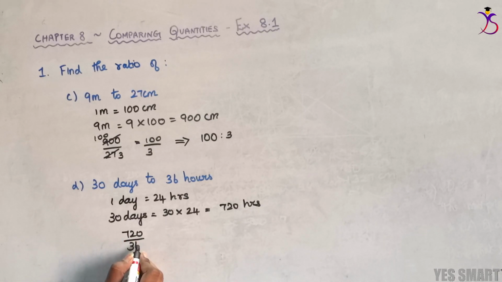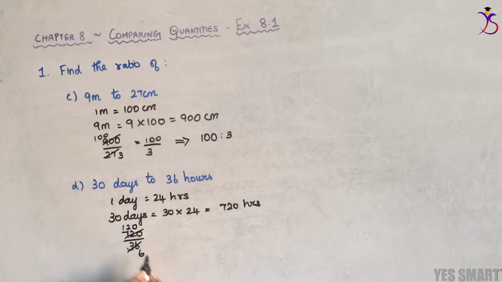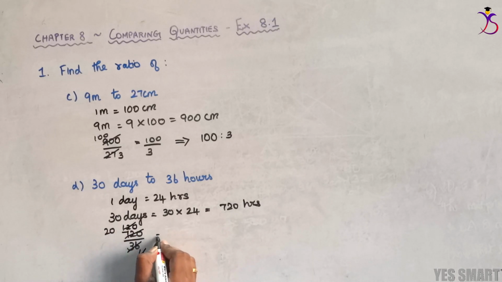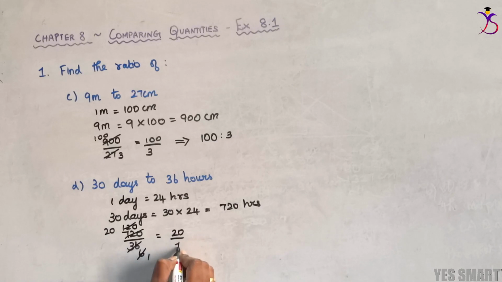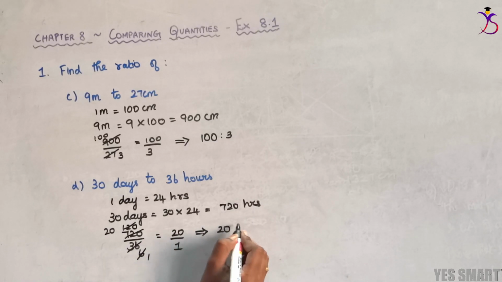But if we are starting from a very low value table, then it goes in multiple steps because the cancellation goes on multiple times. So here I'm going to straight away cancel it with 6 tables. So 6 6s are 36 and 6 120s are 720. Again 6 1s are 6, 6 20s are 120. Therefore it is equal to 20 by 1, which is equal to 20 is to 1.